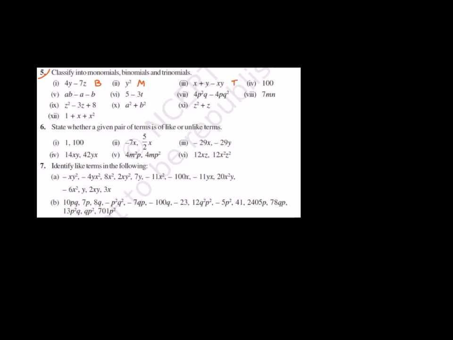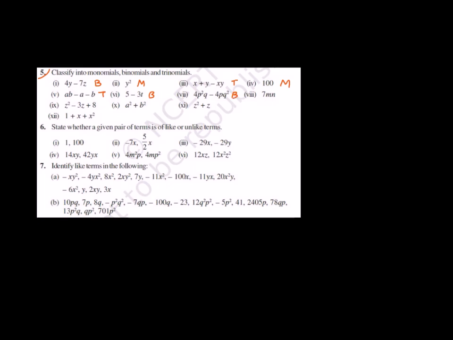In the fourth part, a number is given which is a single term, so this is a monomial. Fifth part is trinomial. Sixth part, again binomial, two terms are given. Seventh part, this is again a binomial, two terms are given.